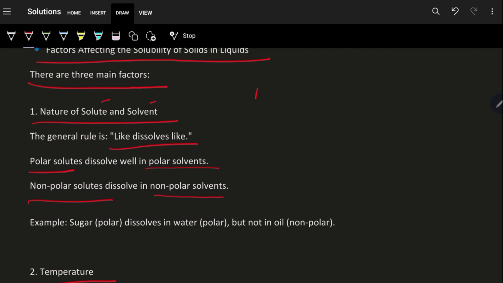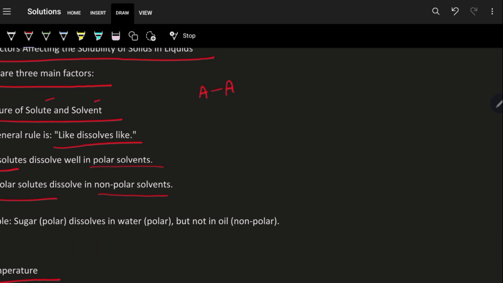If I say there were previously existing interactions between the solvent particles, AA, and there were previously existing interactions between the solute particles, BB, then if a solute is dissolving in a solvent, a new AB interaction develops.